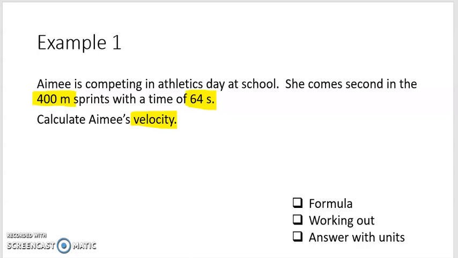Calculate Amy's velocity. So we've been given distance, we've been given time, and we want to find out the velocity. So the first thing we need to do is write down the formula that shows that relationship. So velocity equals distance divided by time. We then simply substitute in the values. So distance was 400 metres, the time was 64.